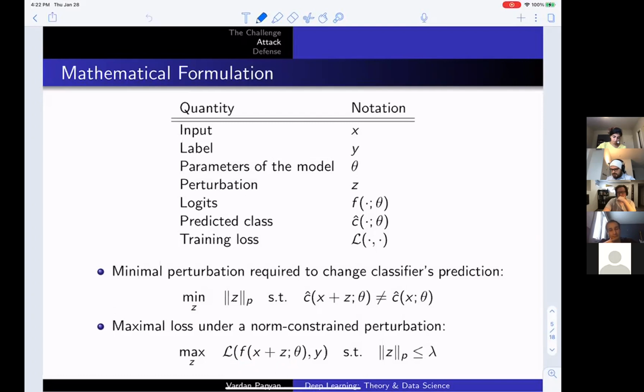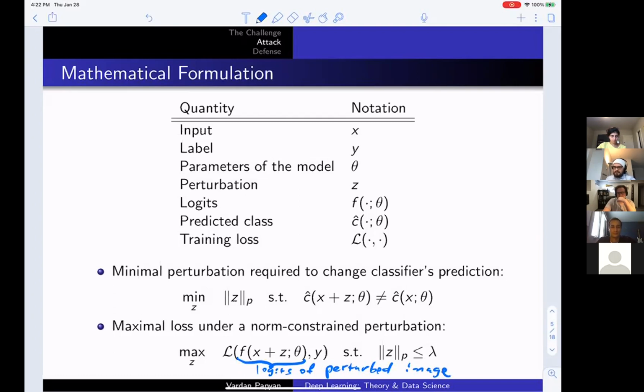So here f of x plus z, theta, are the logits of the perturbed image, right? And we're trying to maximize the loss of the logits of the perturbed image.